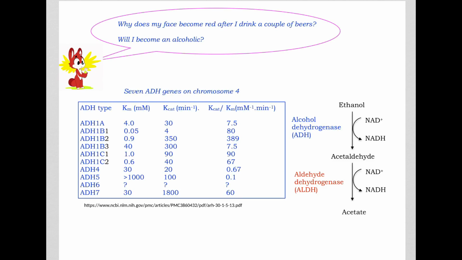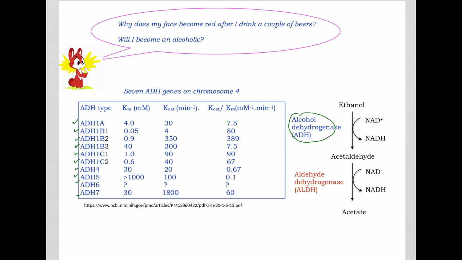However, there are many different variations in alcohol dehydrogenase. Different populations or different people may have different types of alcohol dehydrogenase, and some examples are shown here: ADH1A, the B1, B2, B3, the C1, the C2 form, then you have the 4, 5, 6, and the 7 form.